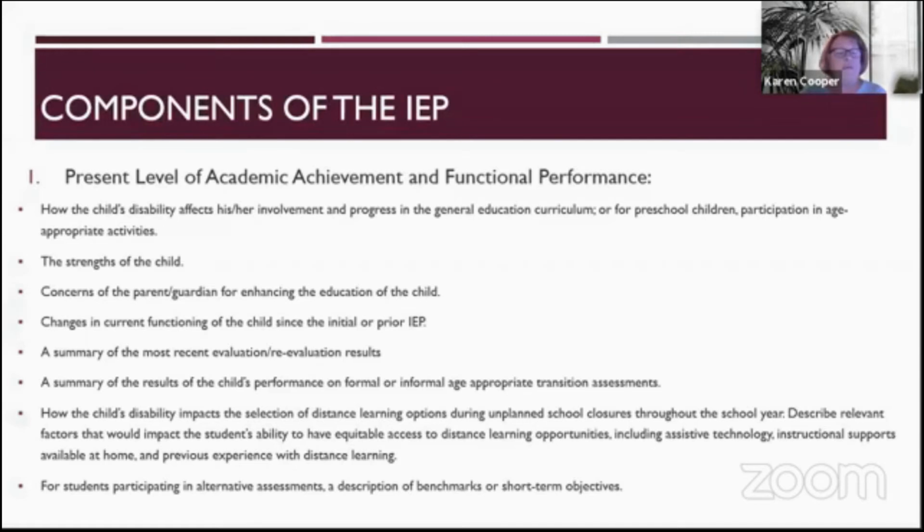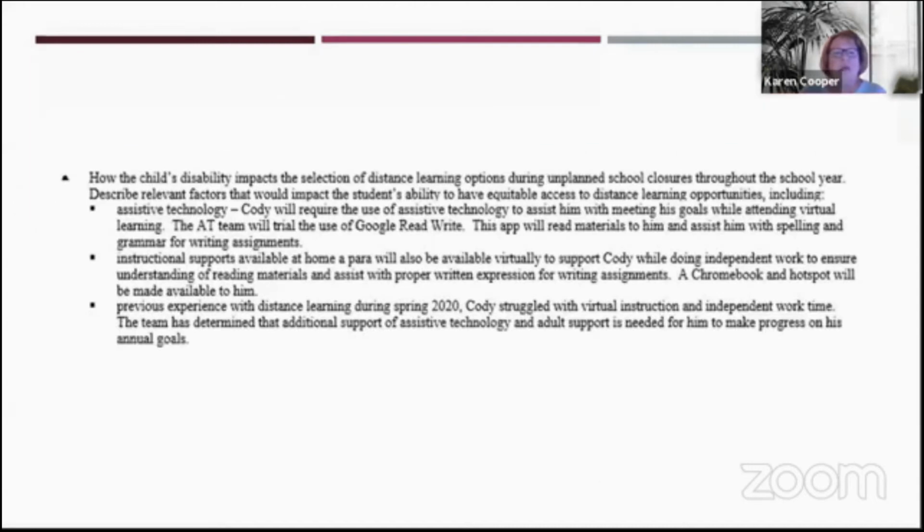And we have to include relevant factors that would impact the student's ability to have equitable, think about that, equitable access to distance learning opportunities, including assistive technology, instructional supports available at home, and previous experience with distance learning.